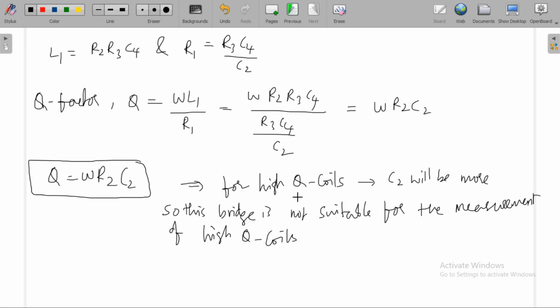An inductor having a high Q factor cannot be measured using this bridge, as we require a large value of C2 in order to get high Q factor.